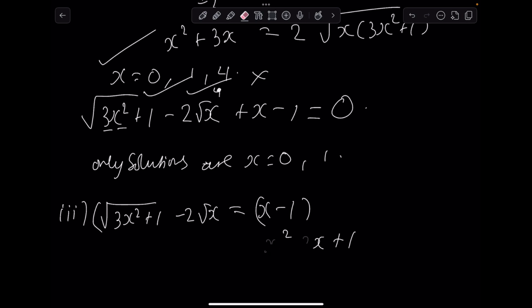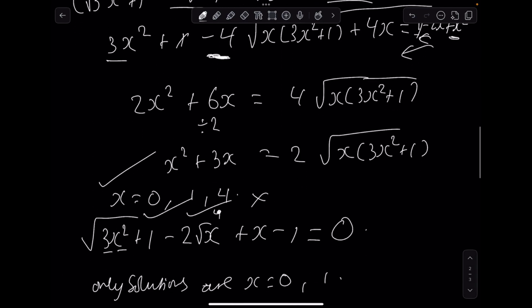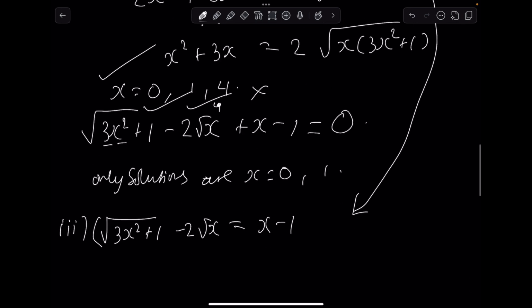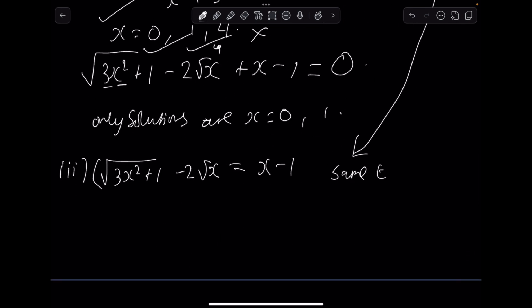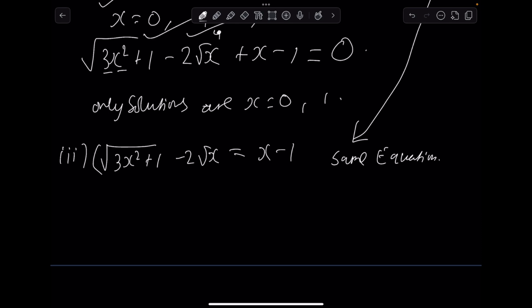There's no difference, because when you square it, the sign doesn't matter. 1 minus x squared is the same thing as x minus 1 squared, right? So honestly, you don't even have to do any work. You can just say that it's the same equation. Same equation. And straight away, you can just solve it.